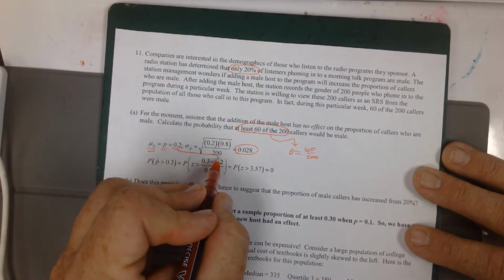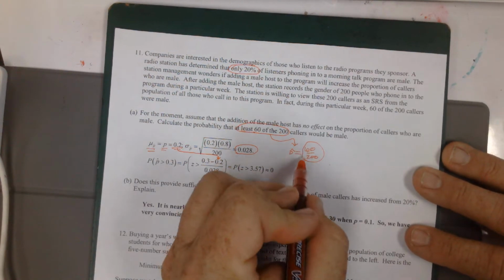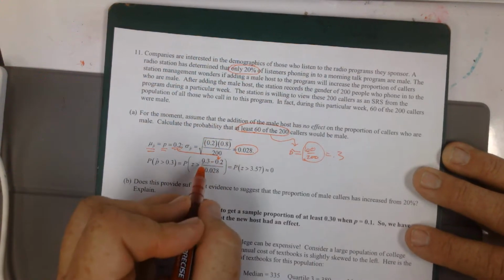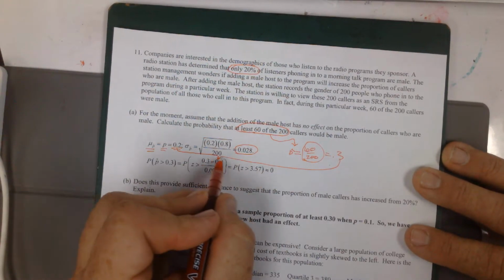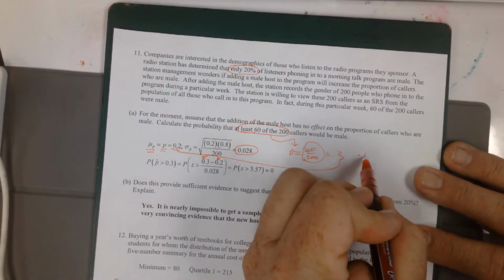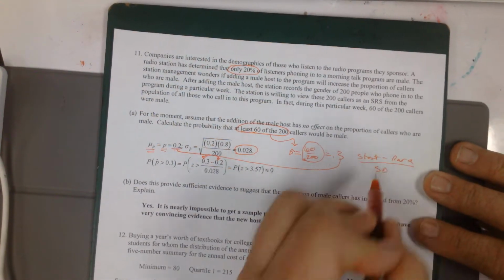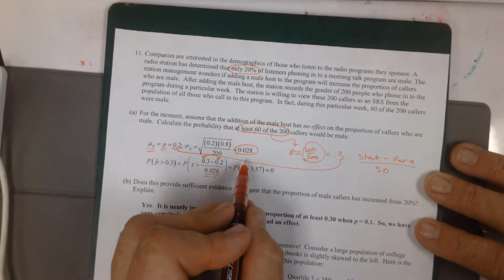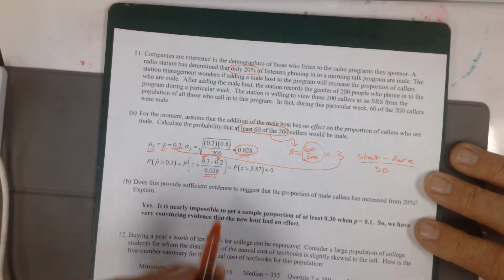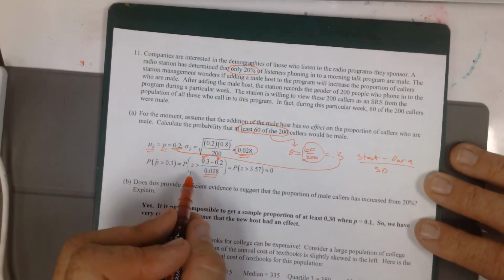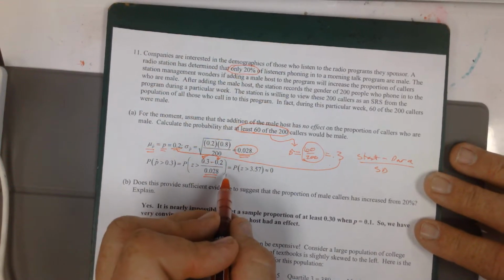What they give you goes here. What you're testing, which equals 0.3, goes right here. Stat minus parameter over standard deviation. Here's my standard deviation I calculated from right there. You can plug this in, or you put this in normal CDF.